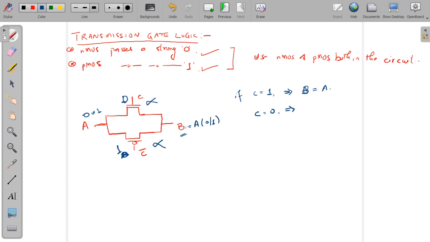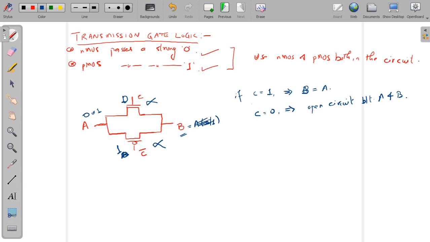So B is neither connected to 0 nor to 1, right, under this situation. So we say that there exists an open circuit between A and B. You can also say that B is hanging, or it is at high impedance, tri-state.